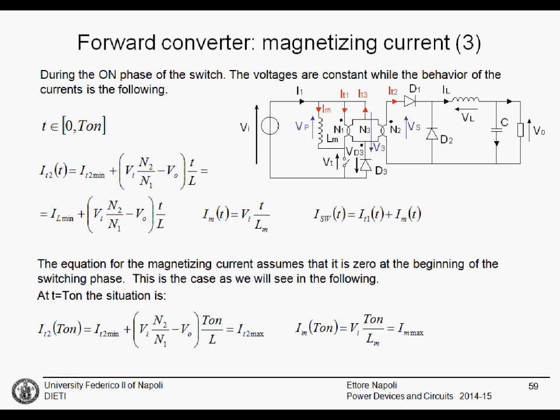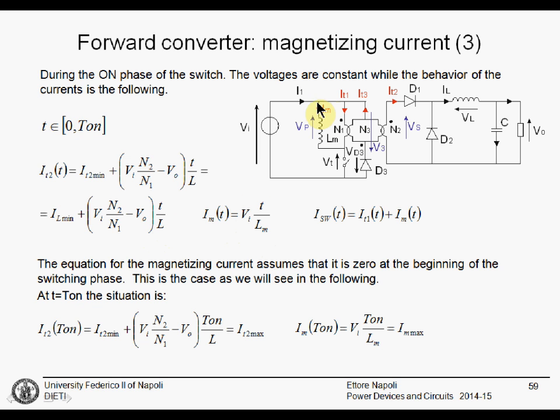This means that this IT2 minimum is not 0, it's higher than 0, plus a constant derivative that will depend on the time, divided by the L inductance and proportional to the voltage on the inductor that we calculated before. This can also be written as IL minimum plus the proportional inductive component.